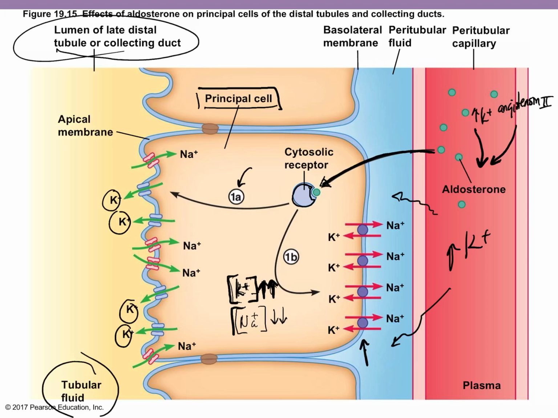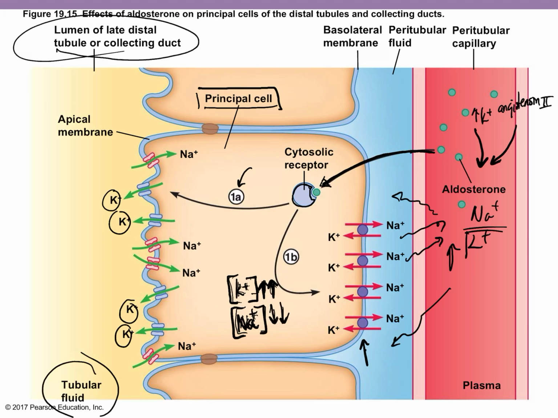The other byproduct here is that the sodium concentration in the tubular fluid, because we do have that pump running, is going to go down. We're pumping sodium out. The sodium is going to go into the bloodstream. Now, what happens when sodium comes into the bloodstream? It draws water. Solute first, then water. So more sodium in the bloodstream, water will follow. So aldosterone has two effects.